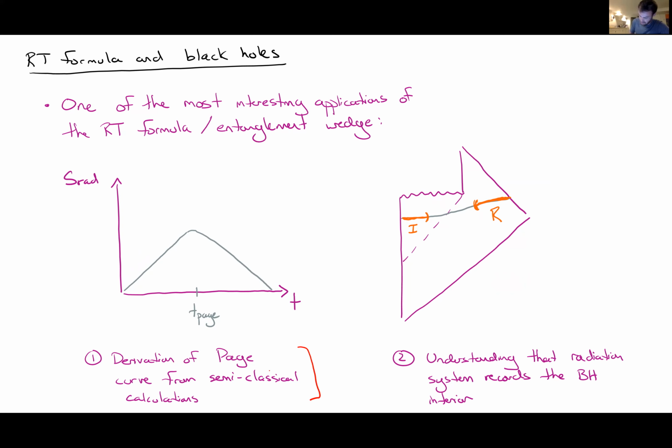And then two, based on this understanding of entanglement wedge reconstruction, we've understood when the radiation that's escaped from a black hole can be used to reconstruct the interior of the black hole. So now there's this now famous picture of the one-sided evaporating black hole, and we've learned that if you collect enough of the radiation that's come out, you can reconstruct some portion of the interior, and that portion is called the island.